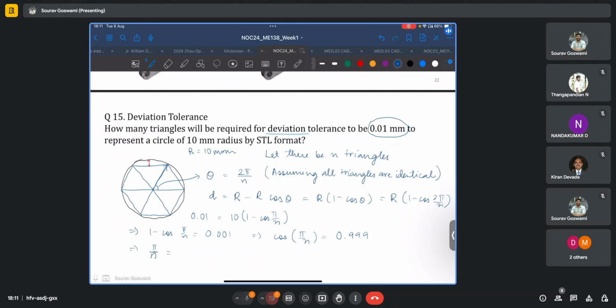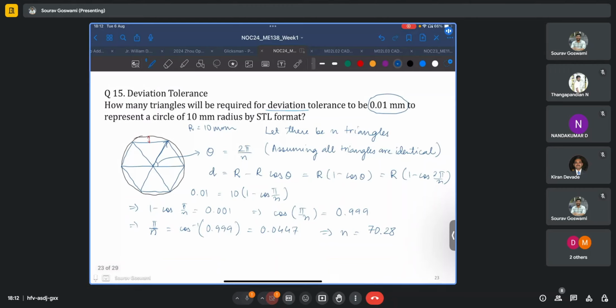Pi by n will equal cos inverse of 0.999, which is actually 0.0447, and this will give us a value of n equal to exactly 71.28. But given that n here should be a whole number as it is representing the number of triangles that are needed, we'll take the next higher number. So the number of triangles needed in this case is 72.